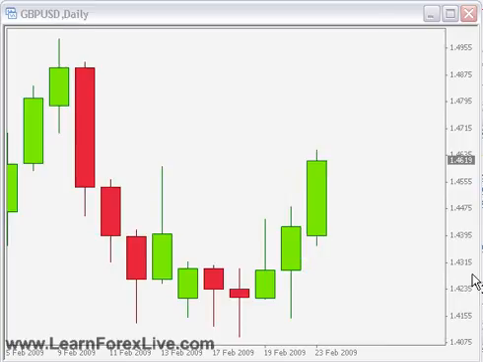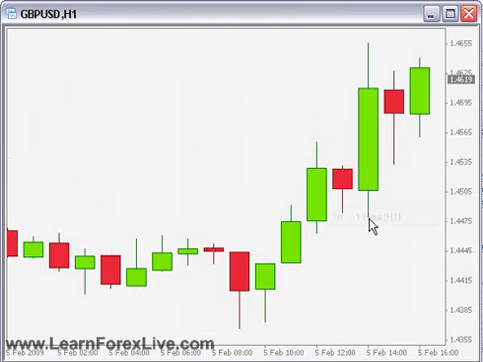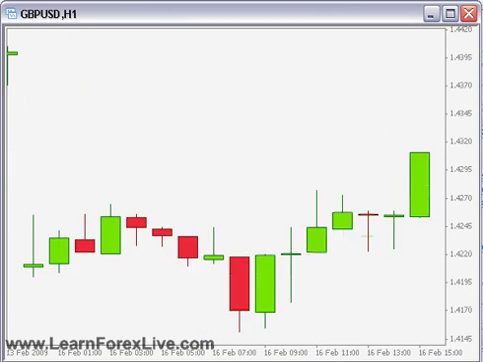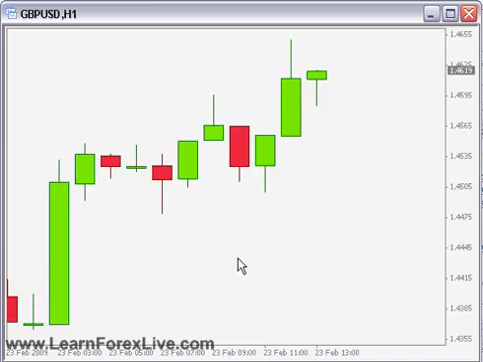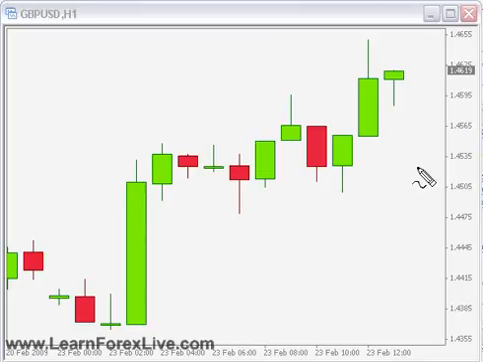Now, if we want to set our charts in the hourly time frame, we are going to get the same market information, but we are going to split that information in 24 segments. Since we are now in the hourly time frame and there are 24 hours within 1 day, we are still going to get the same information, just splitting it up in 24 mini segments.